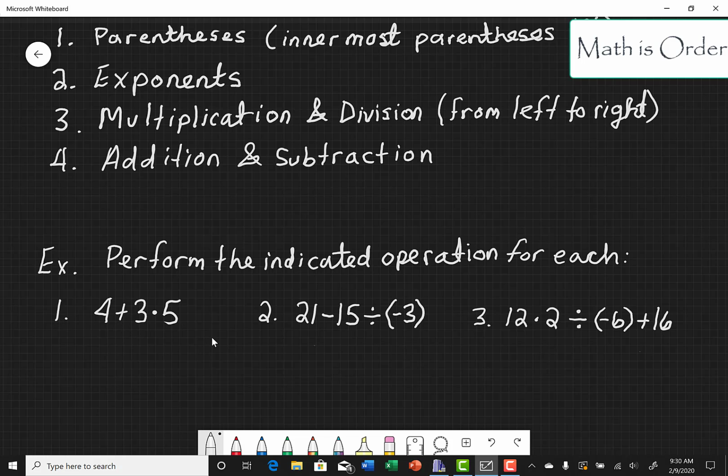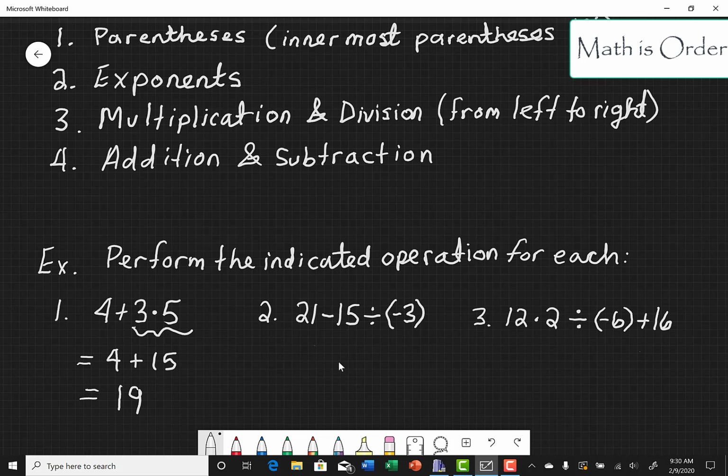We may be tempted to add 4 plus 3, but no, we have to go in order. So we have to do the multiplication first. Carrying out the order of operations here, we get 19, right?